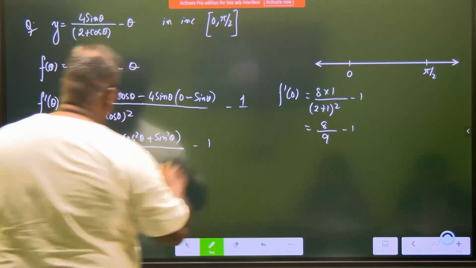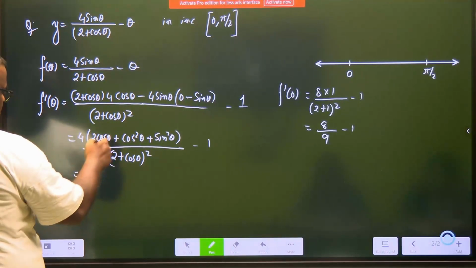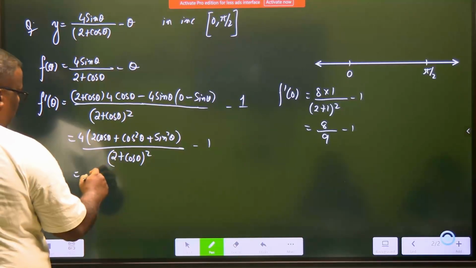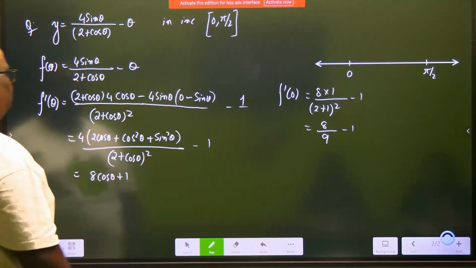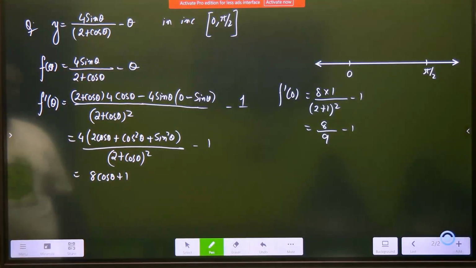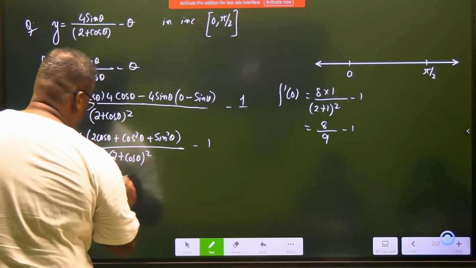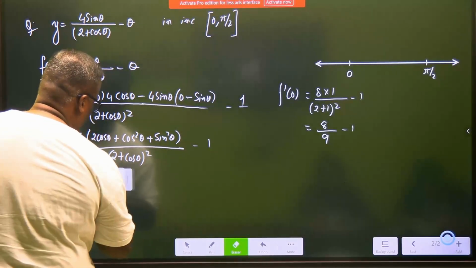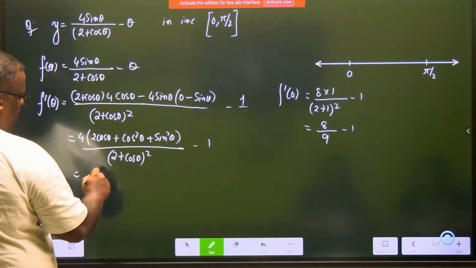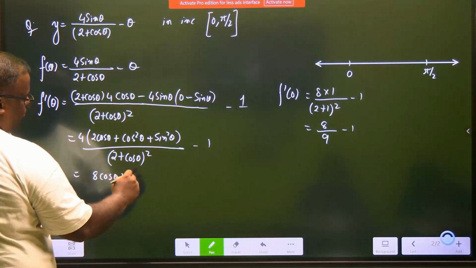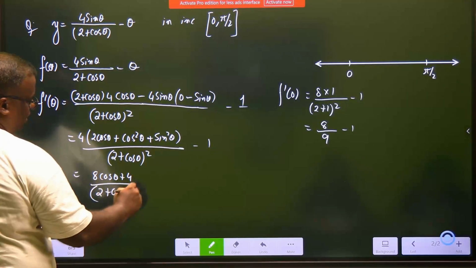Let's solve it completely. Here is where I made the mistake: I forgot this 1. So this is 2 cos theta plus 1, and it will be 8 cos theta plus 4 divided by 2 plus cos theta whole square, minus 1.